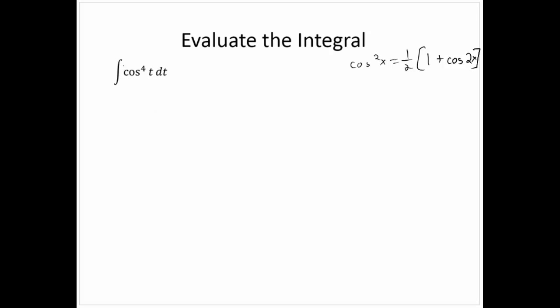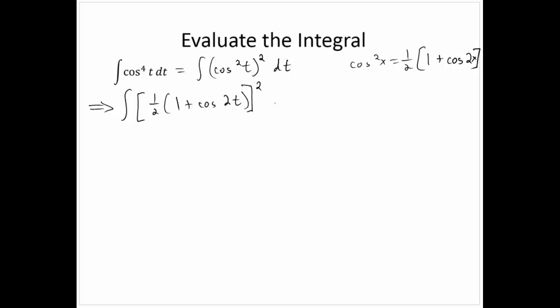So then the integral of cosine 4th t dt is the same as the integral of cosine square t, that whole thing squared, dt. And so then the integral becomes the integral of 1/2 of 1 plus cosine 2t, squared, dt.